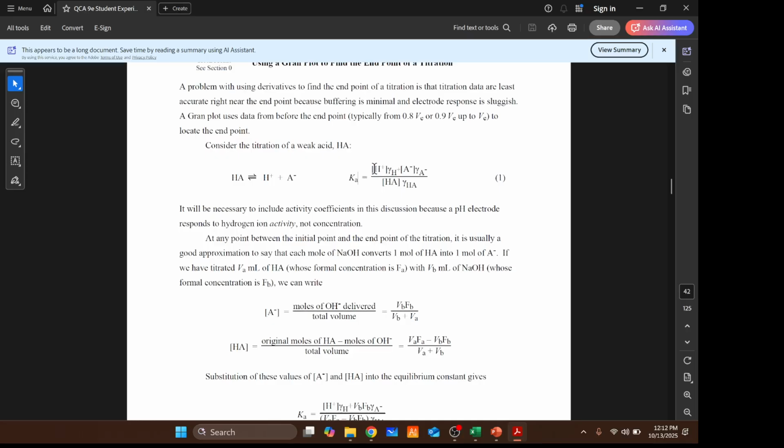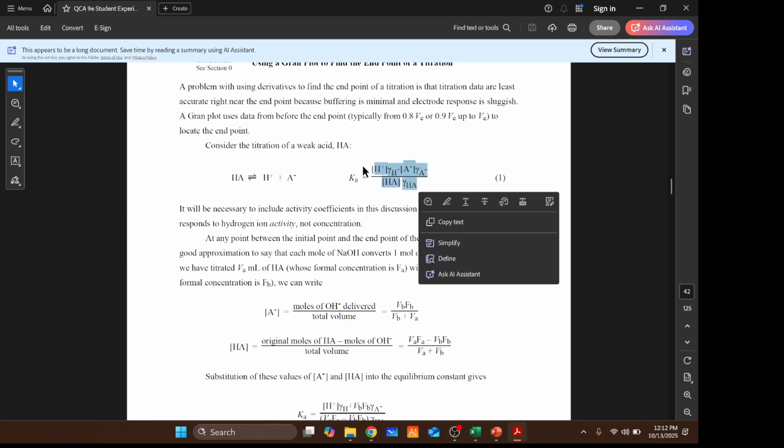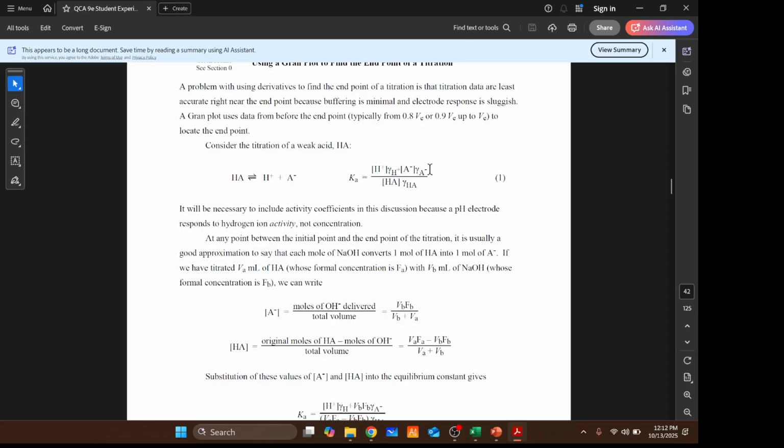So you know almost all these values here. All you have to do is just plug them in once you calculate each one, and that's going to give you a Ka value. It won't be exact, but it shouldn't be horribly off. It's not going to be 1,000 times off.